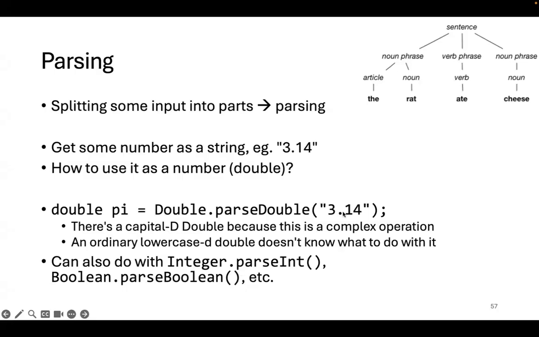Then we just give it the string that I'm really sure is a number, so we'll give it 3.14. This also works with an integer stored as a string or a Boolean variable stored as a string. We have to be sure that string actually is that type, otherwise it'll crash, but we can do it that way.